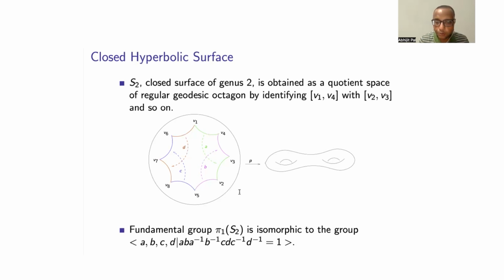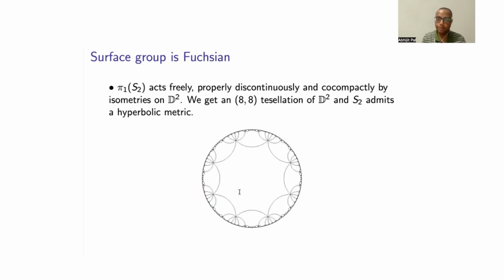This fundamental group, in fact we have proved, is a subgroup of PSU(1,1) or PSL2(R), and it is a Fuchsian group. So the fundamental group of S2 acts freely, properly discontinuously, and in fact the action is also co-compact. So pi1 of S2 acts by isometries on the Poincare disk, and the action is free, properly discontinuous, and co-compact.